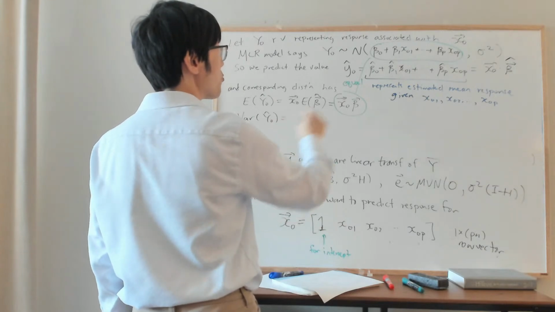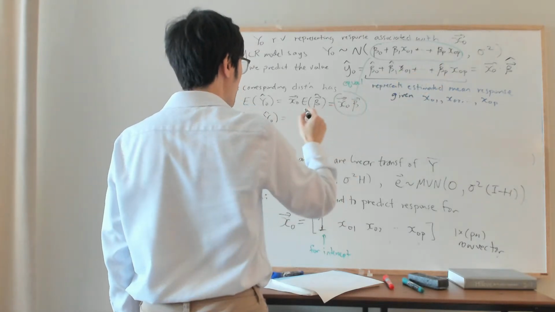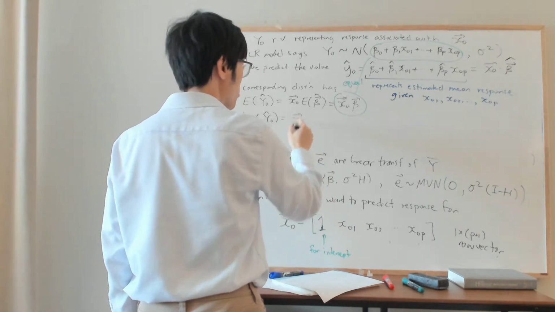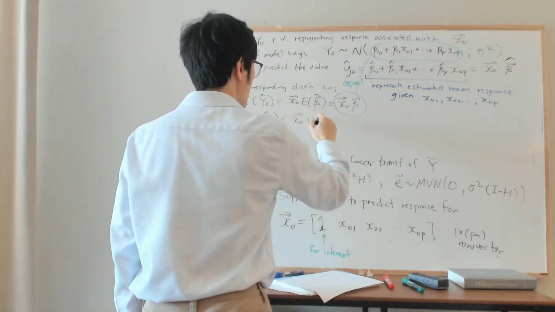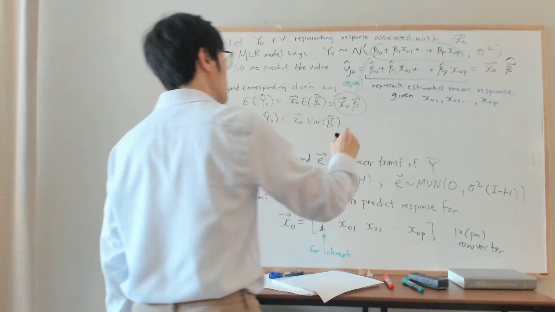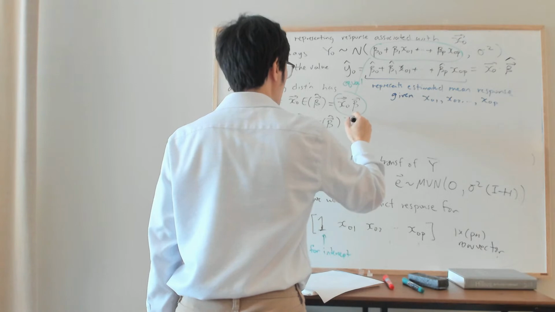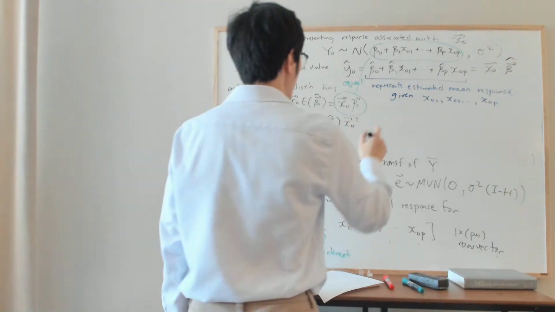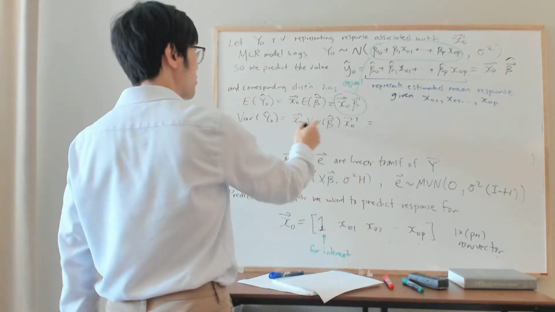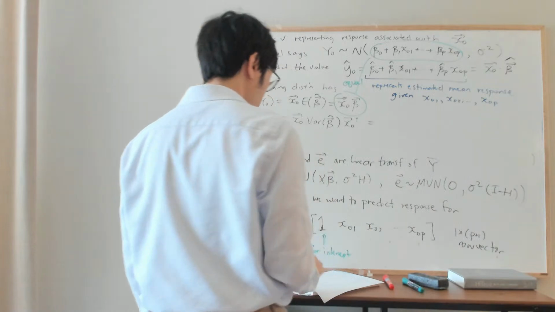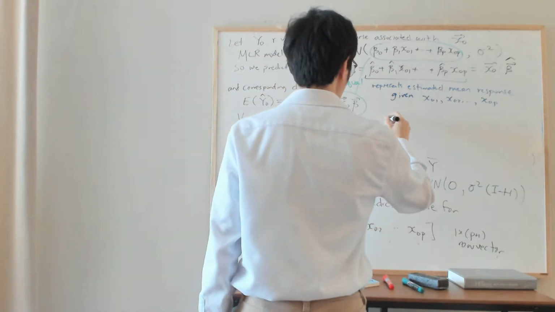For y0 hat, which is x0 times beta hat, where x0 is a row vector, this is x0 variance of beta hat, and then x0 transpose. And what is the variance of the vector beta hat? Well, we derived last time that it is x transpose x inverse, so we can plug that in.